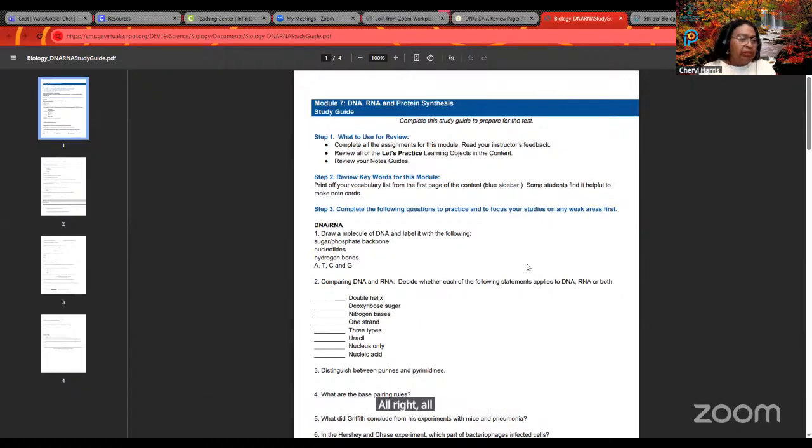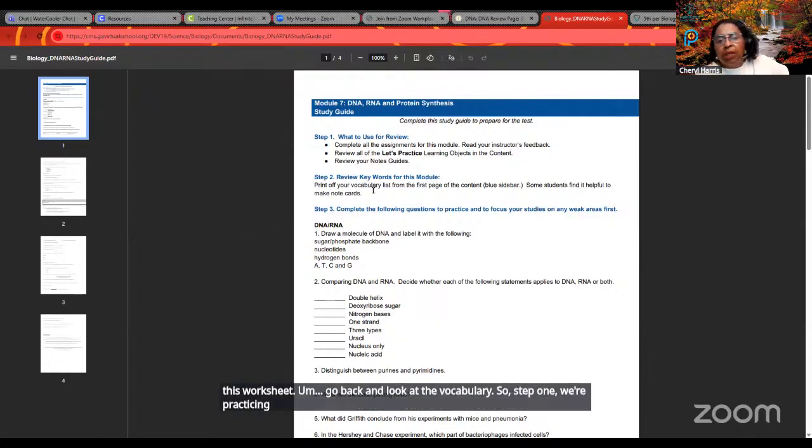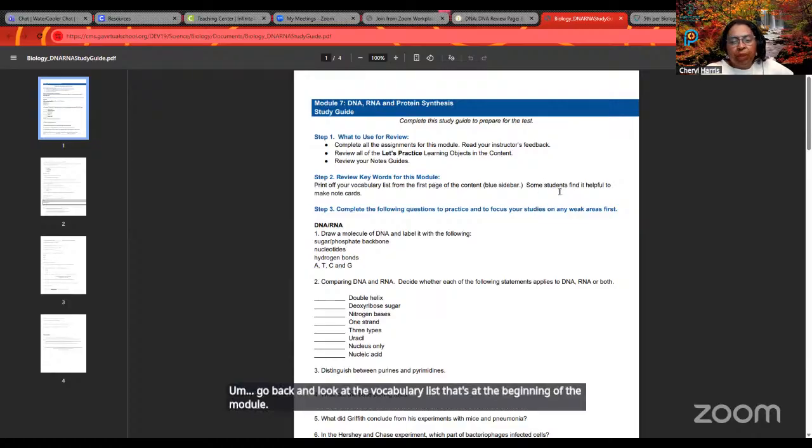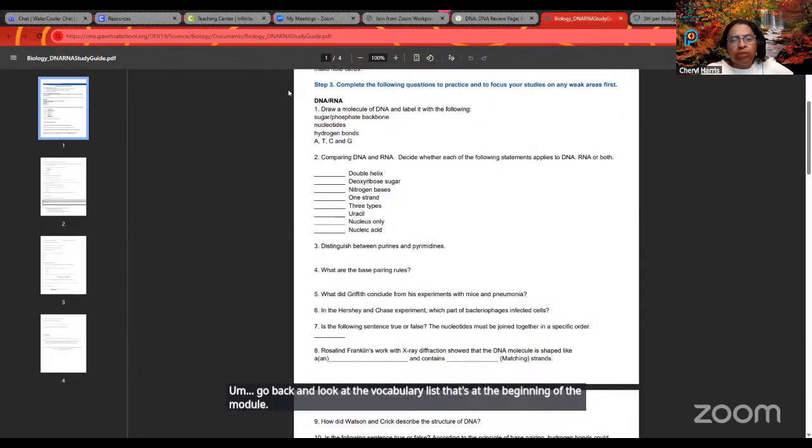All right. So everybody hopefully has by now downloaded this worksheet. Go back and look at the vocabulary. So step 1, we're practicing. Step 2, go back and look at the vocabulary list that's at the beginning of the module. And that takes us to question 3.